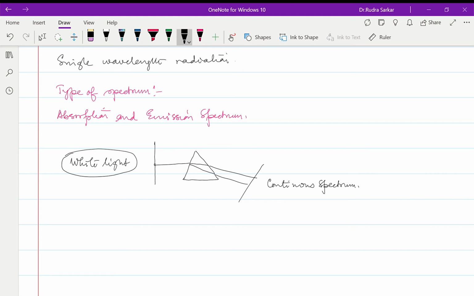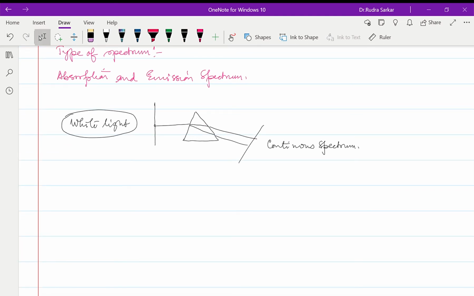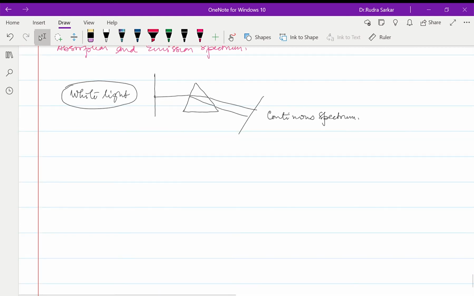Now suppose you have a white light again, and you have a substance that is absorbing some portion of the light over here.